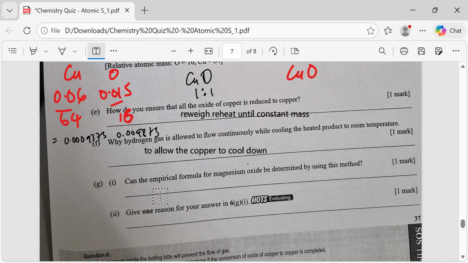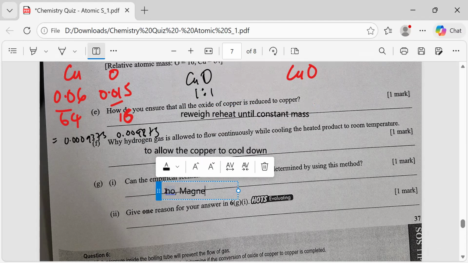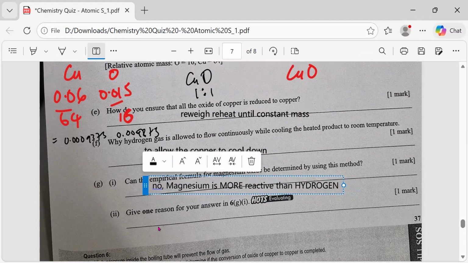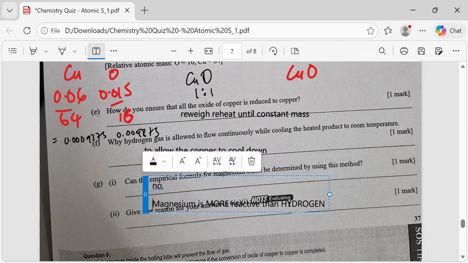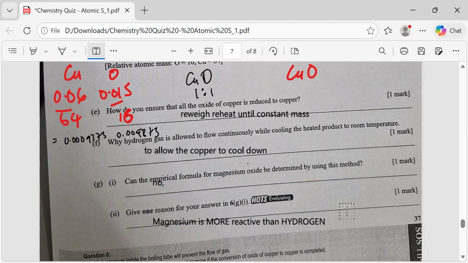Can empirical formula be done for magnesium? No, why not? Magnesium is more reactive. The one above cannot, it is more reactive than hydrogen, not than copper. Okay? Oh, yeah, that's the answer. All right.